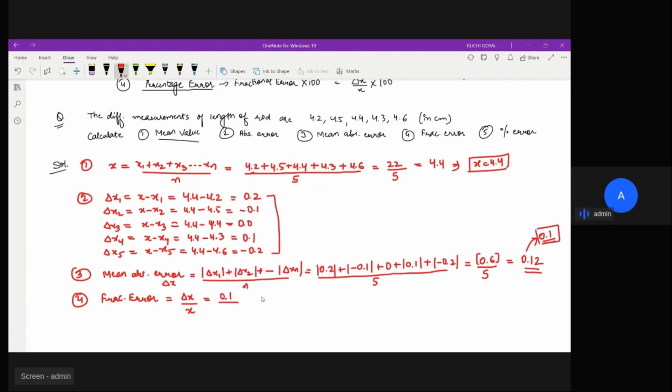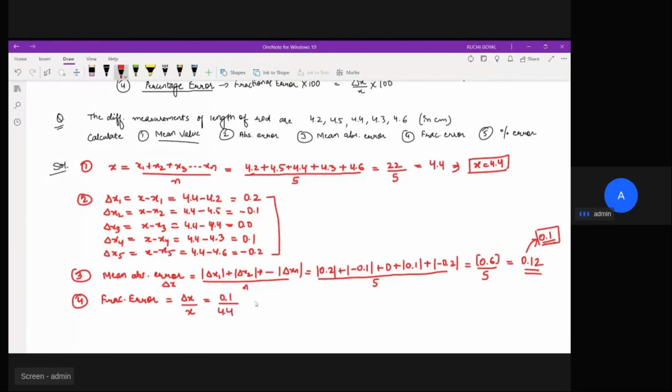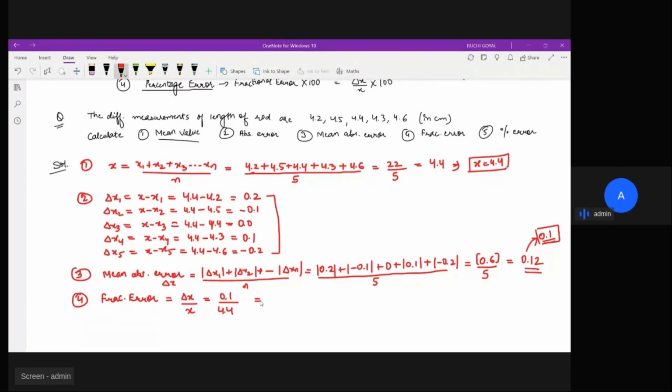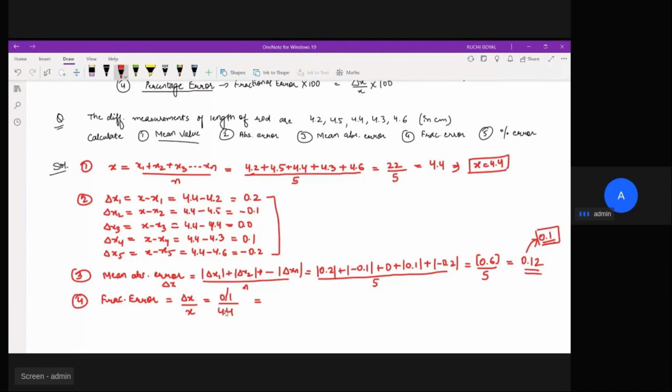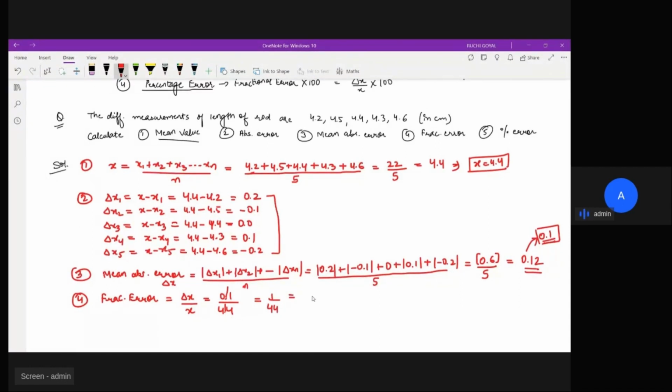Dividing 0.1 by 4.4, removing the point, is 1 divided by 44, which is 0.02272.